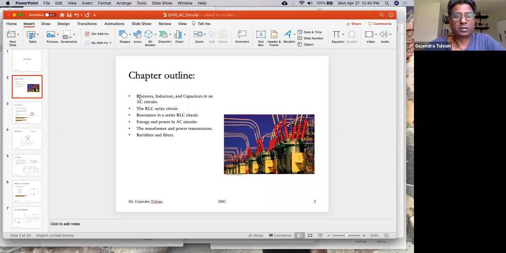So the three elements we'll look at in an AC circuit are resistors, inductors, and capacitors. We won't consider diodes or transistors or any of the other stuff. You'll do that in a more complicated circuits course at a junior or senior level. Okay, so we'll connect the three in series and we'll look at that. We'll look at the resonance in an RLC circuit, okay, and energy and so on.